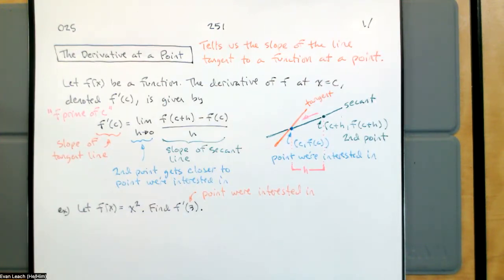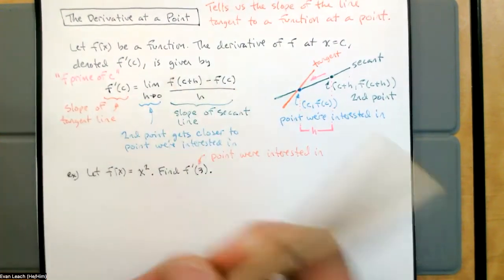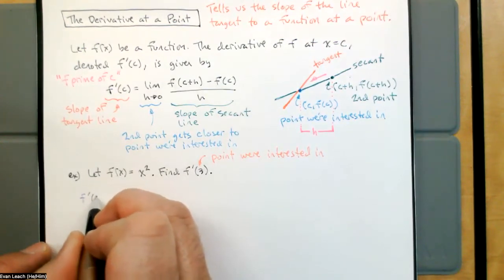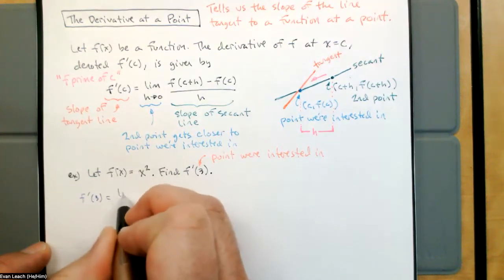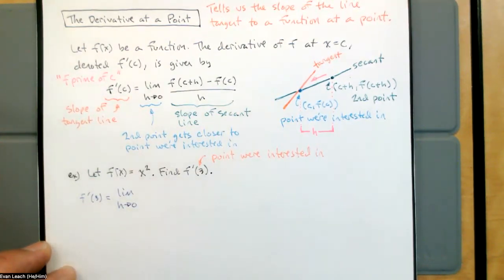All right, so I want to find the derivative of f at x equals 3. I want to find f prime of 3. So to do that, I'm just going to use my definition up here. f prime of 3 is the limit as h goes to 0 of f of c plus h.